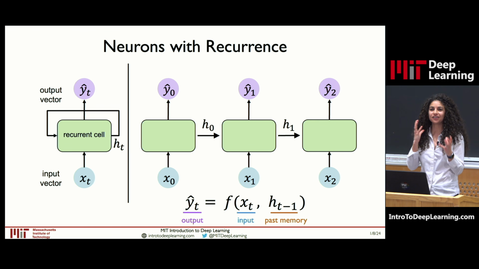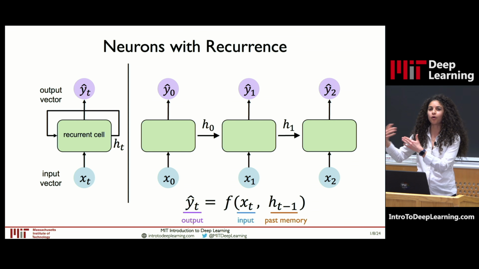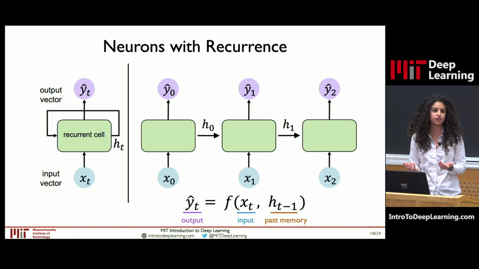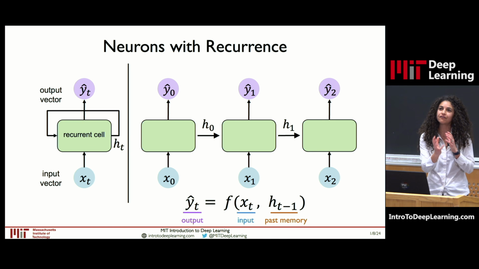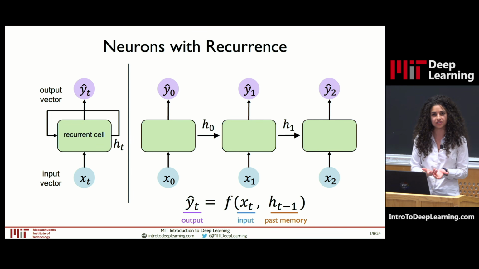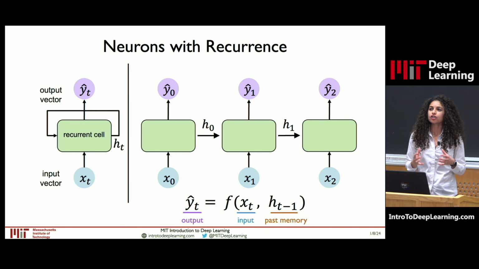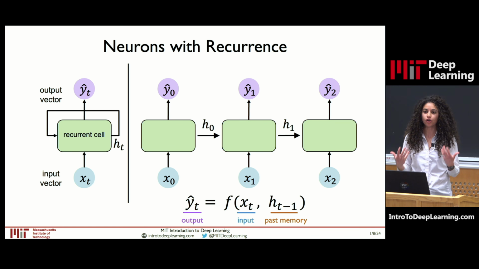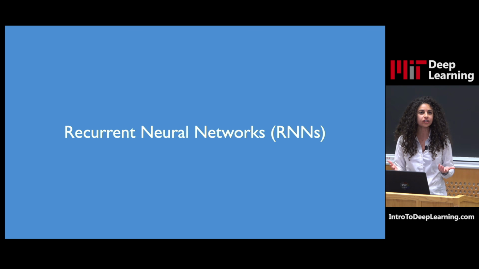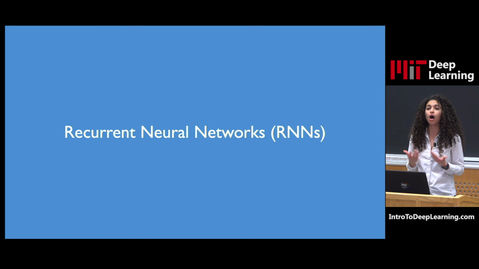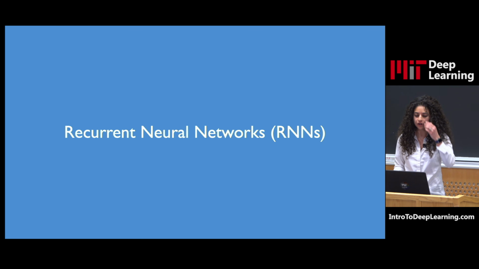Okay, so this is kind of the mind-warpy part, where you think about how we unroll and visualize and reason about this operating over these individual time steps, or having this recurrence relation with respect to itself. So this is the core idea, this notion of recurrence of a neural network architecture that we call RNNs, recurrent neural networks.